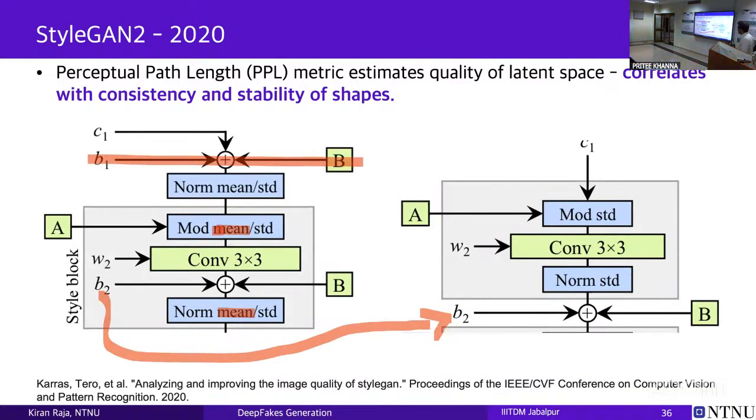Look at this particular aspect. They eliminated the block that was here, the B1. They removed that and introduced the B2 after the standard deviation and the mean were computed. Everything else remains the same.